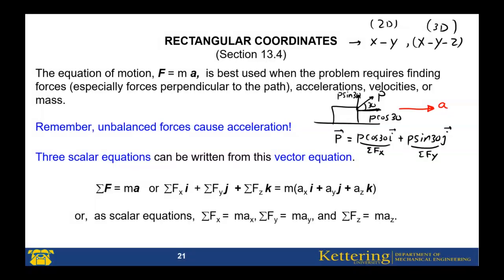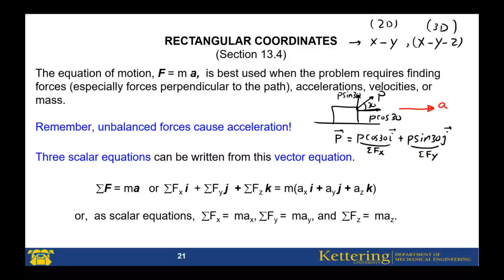What are they? These are the scalar equations of motion, not the vector form of the equations of motion. Instead of writing them in vector form, you can write them as magnitudes. Here, instead of sigma Fx as a vector, you can write only P cosine 30.